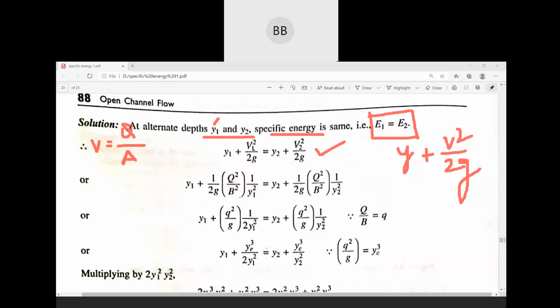If we simplify further, as the question says it is a rectangular channel, the area will be b multiplied by y. So in place of v we can directly write Q divided by b multiplied by y.